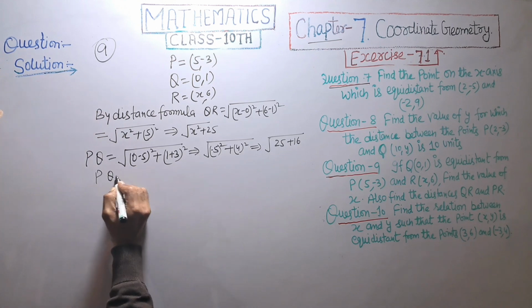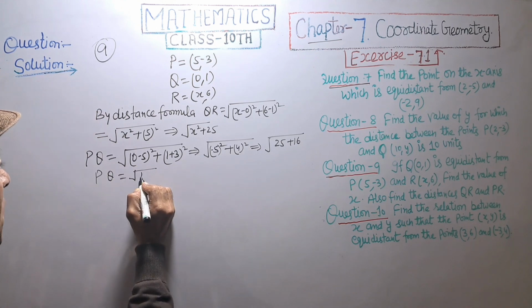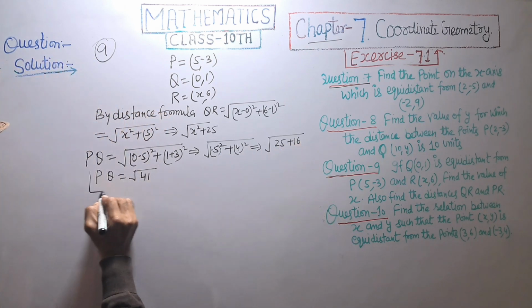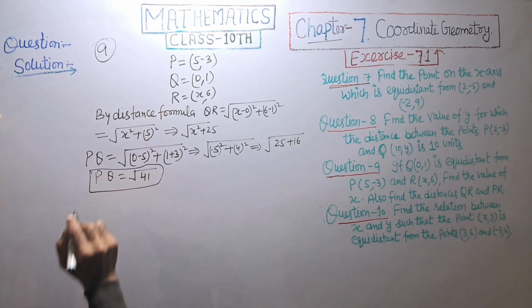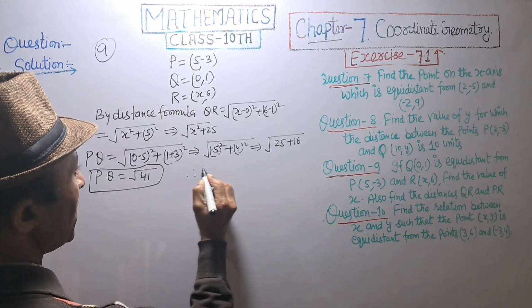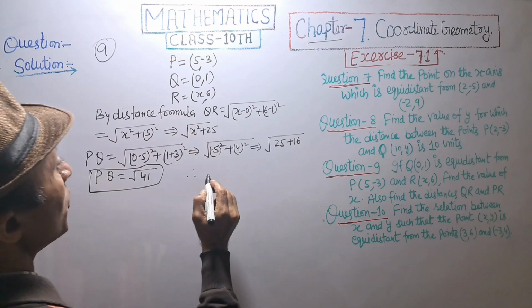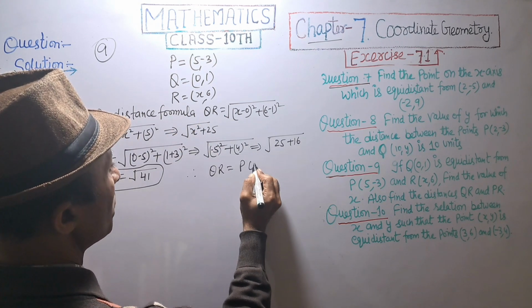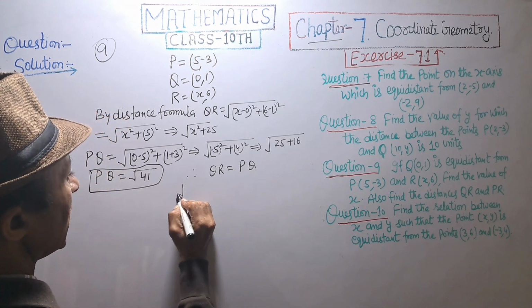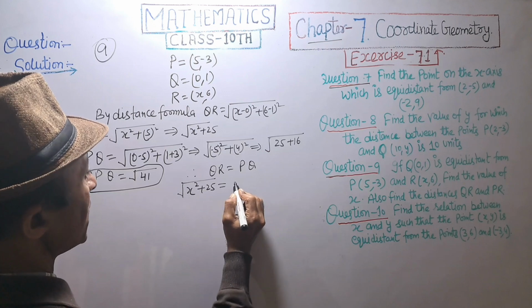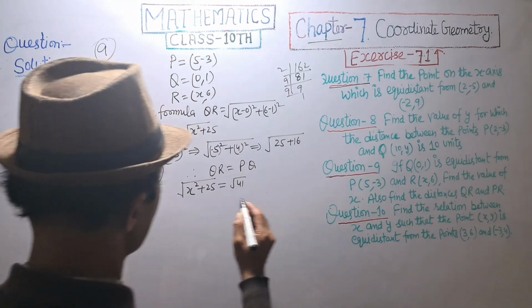So PQ is equal to under root of 41, 25 plus 16. So PQ is equal to QR, that is under root of x square plus 25 is equal to under root of 41.